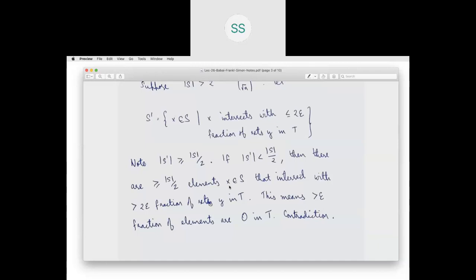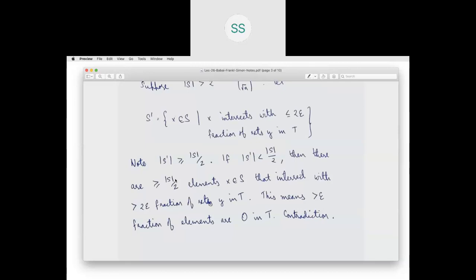Now if you just look at these sets that intersect in more than 2 epsilon fraction, we already have at least S by 2 rows, and in each row we have more than 2 epsilon intersections. So overall, in the S cross T rectangle, we have more than epsilon fraction, because 2 epsilon times S by 2, the 2 cancels, and we have epsilon fraction of the entire rectangle that are 0 entries.